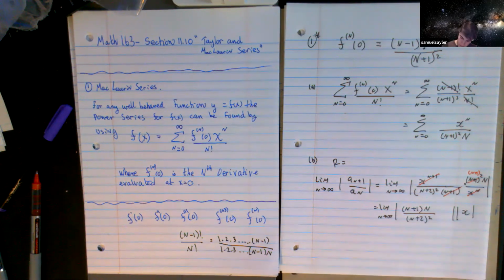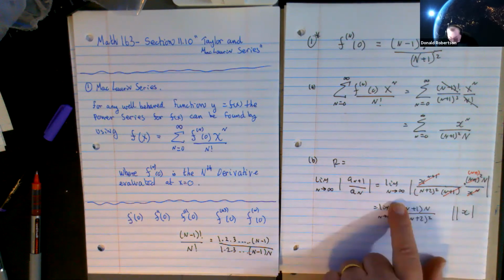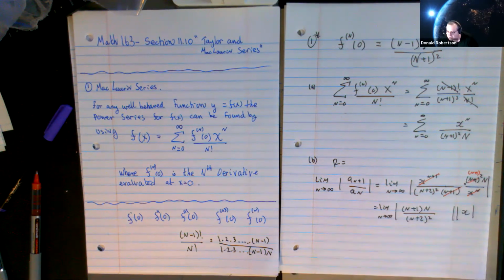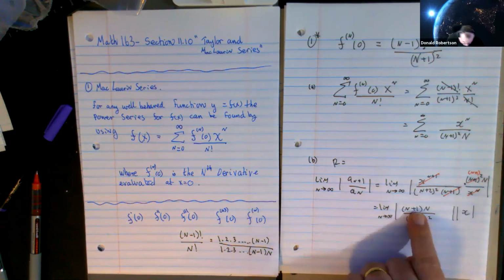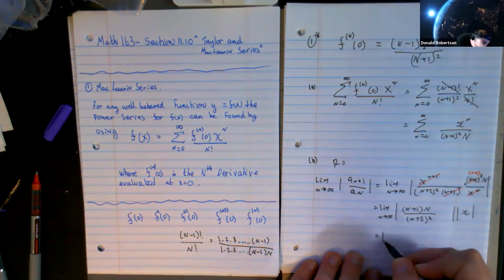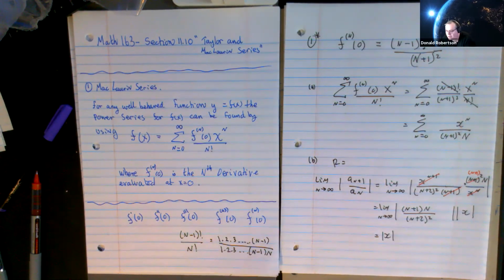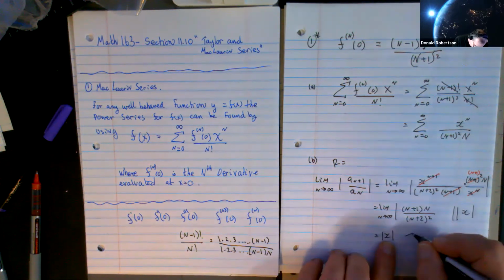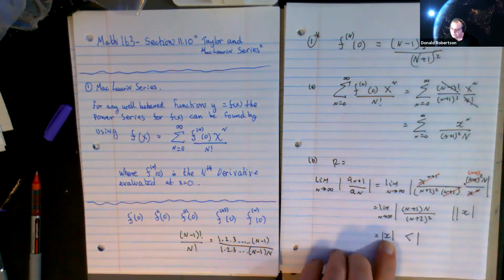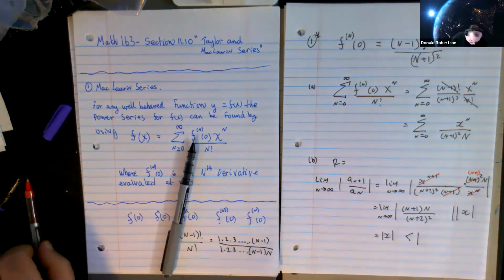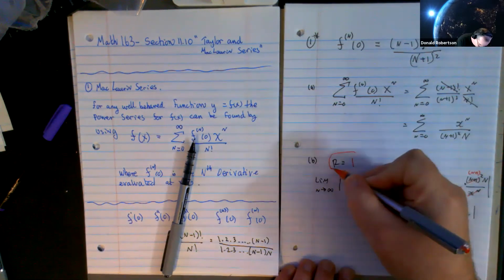If you have to do it formally, won't you distribute the top, distribute the bottom, divide top and bottom by n squared, or do L'Hopital? End of the day, you get 1. So the answer is that the limit is this guy, which, by the way, is also a very common answer in these questions. And won't it converge when this fella is less than 1? Which means R is 1.